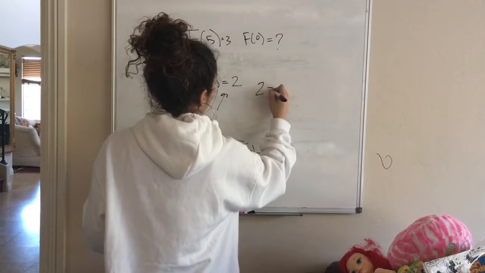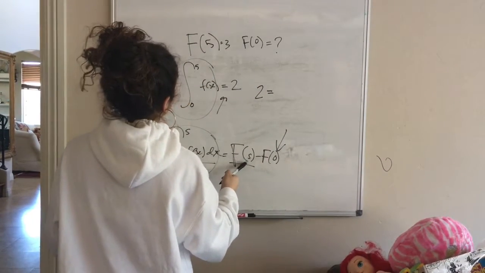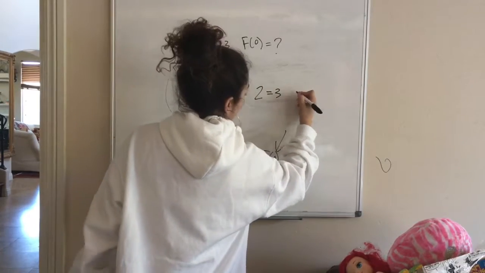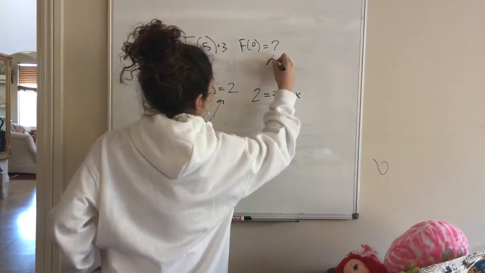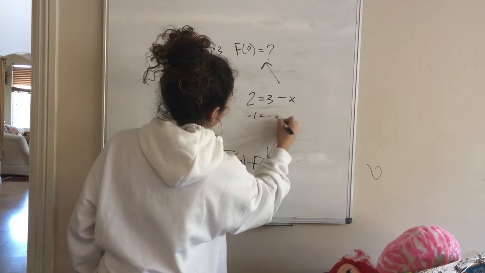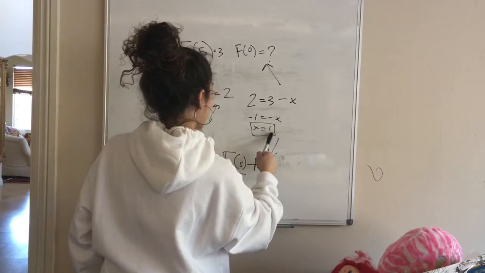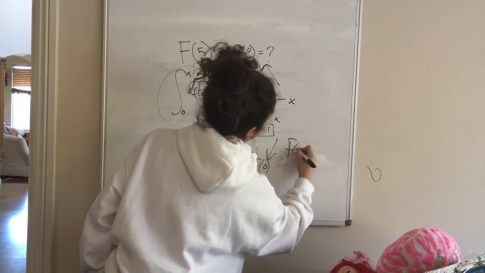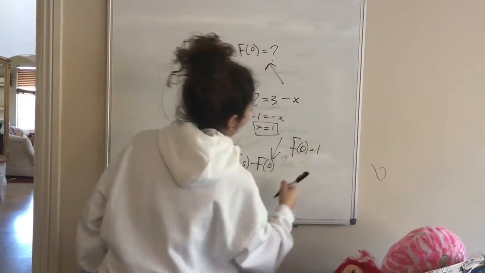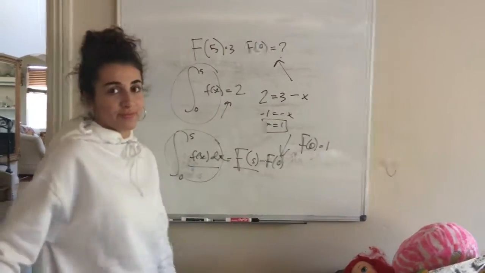So 2 equals, and we know big F of 5 equals 3, minus x, because that's what we're trying to find. And so we solve this out, we get negative 1 equals negative x, and x equals 1. So big F of 0 equals 1. The integral of this function at 0 equals 1.